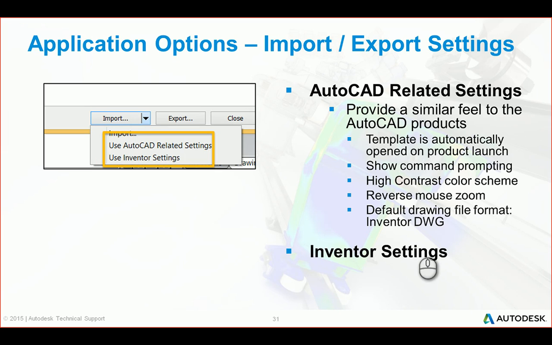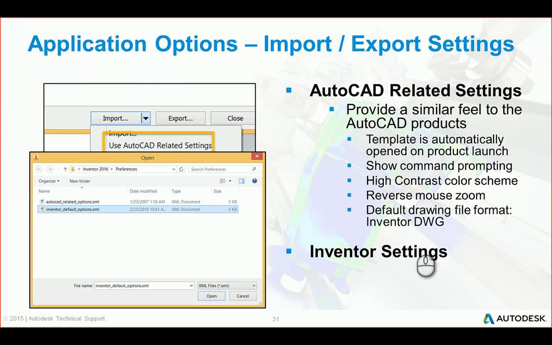It changes the way the wheel on the mouse works. You'll notice that Inventor zooms differently than AutoCAD. This is one of the places the setting will change that, or you can set it otherwise. And the other is the Inventor settings. That's closer to defaults.